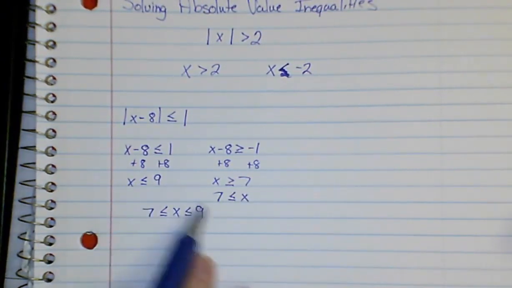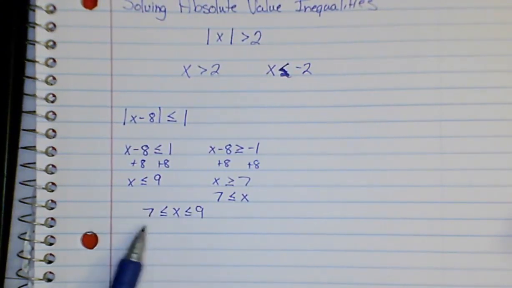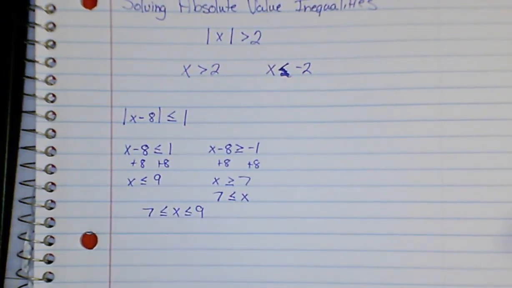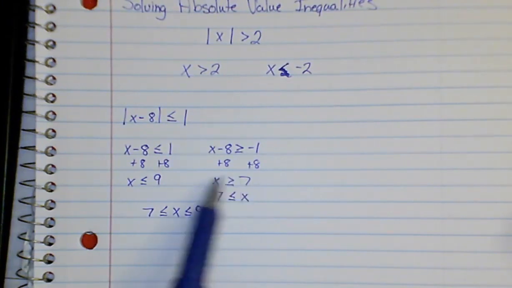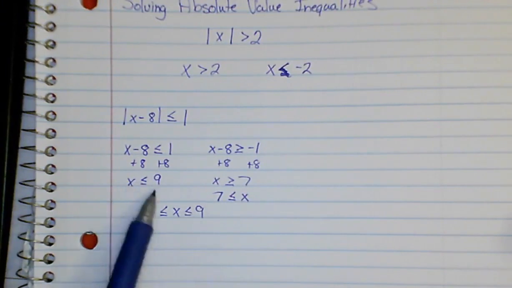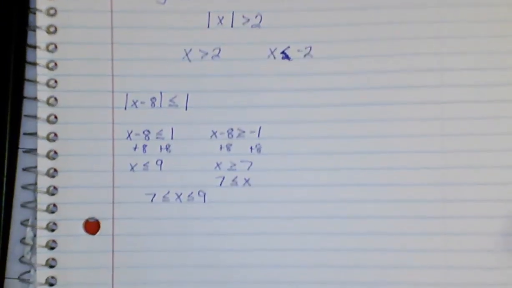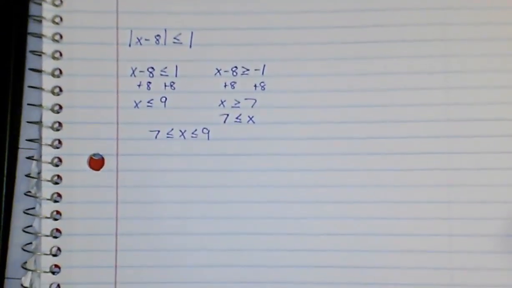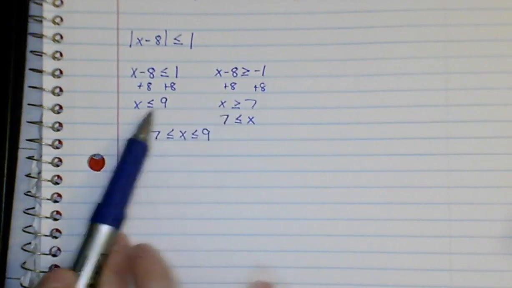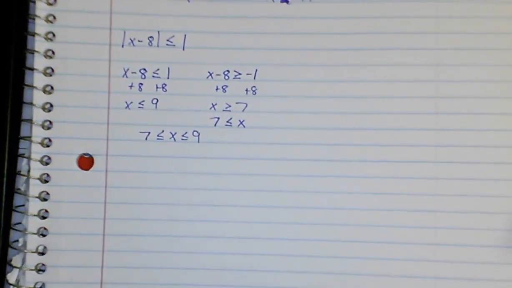You can put it all in one if you want to, but you have to make sure that it holds true whether you have the x in there or not. 7 is less than 9, which is true, so we can combine them. And you always take your smaller number, flip it, and see if the signs are going the same way, and then see if your numbers are going in numerical order. But besides that, if you don't want to do all that work, the separated answers will be fine for me.